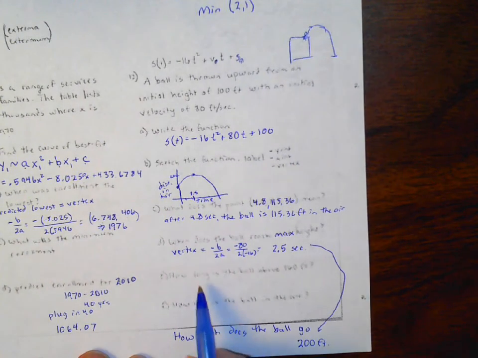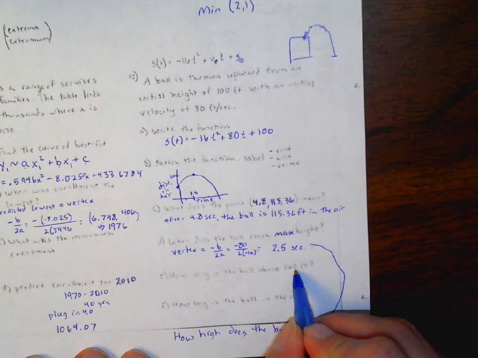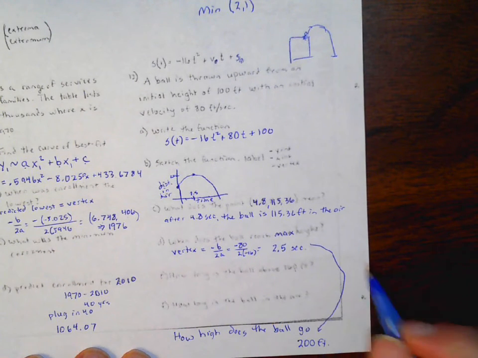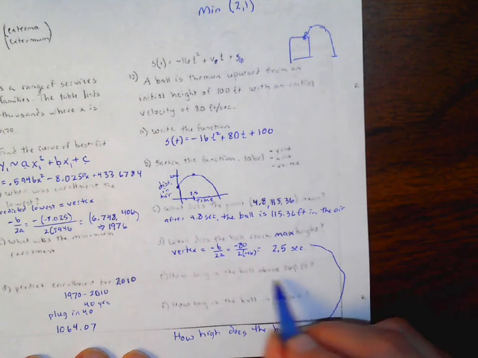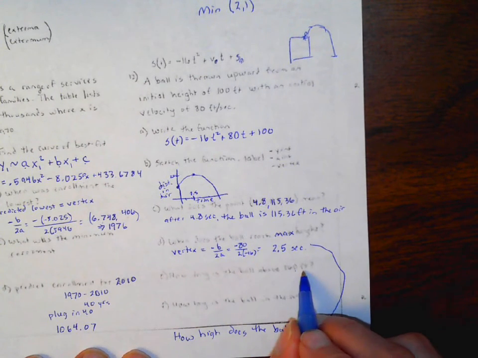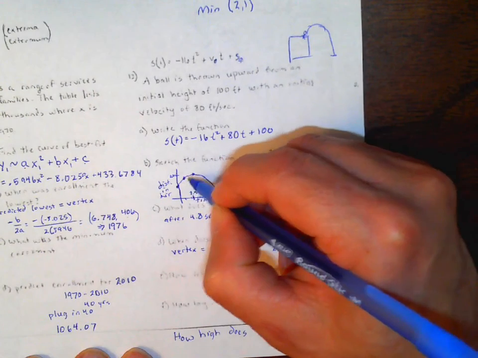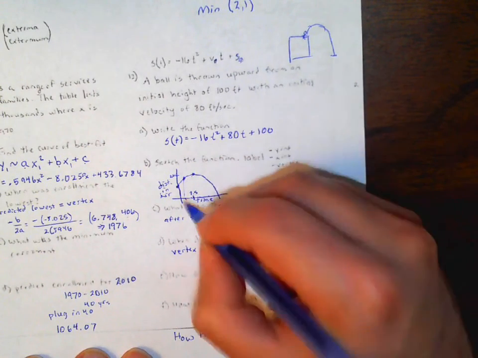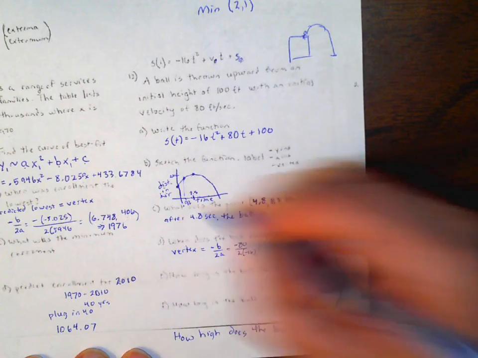How long is the ball above 160 feet? We want to know where it's at 160 feet. In class, I would show you how to use Desmos for this. But 160 would happen right here at a time of 0.92.